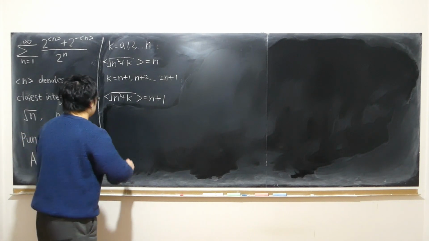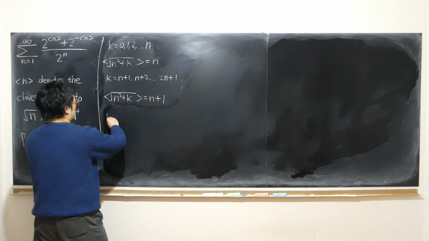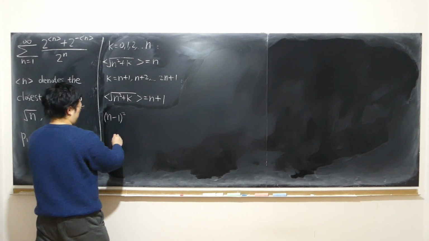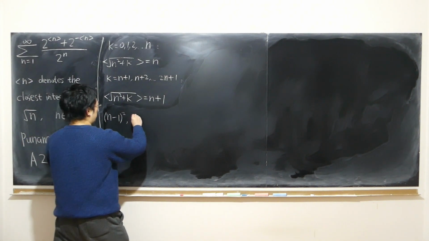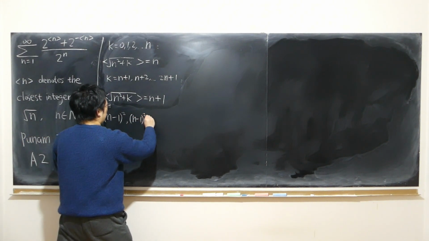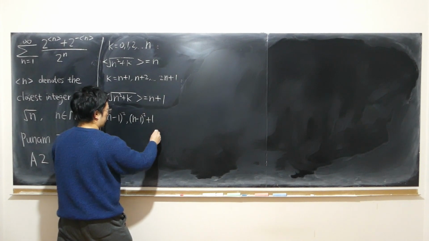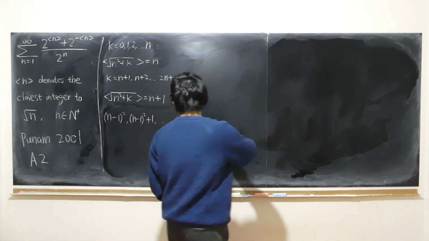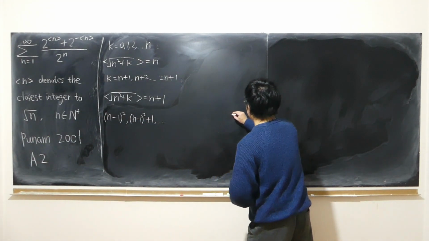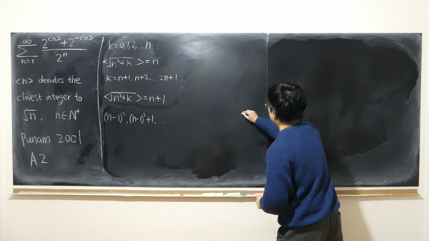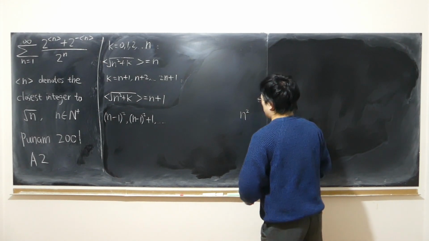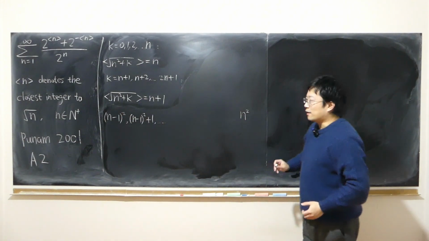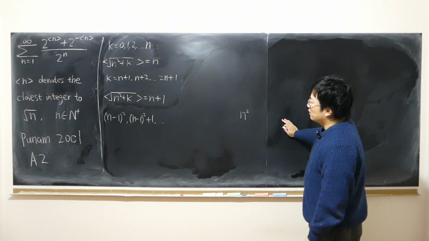So to write it down in detail, we start from the n plus 1 perfect square. Next one, plus 1, plus 2, plus 3, all the way until we reach the next perfect square. Between this number and this number, there are exactly how many numbers?